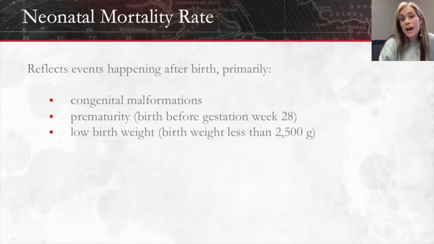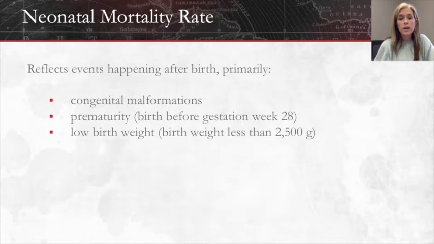So neonatal mortality rate just reflects events happening after birth. Primarily, we look at congenital malformations, prematurity, and low birth weight. If you have babies that are dying very soon after birth, that can be indicative of congenital malformation.